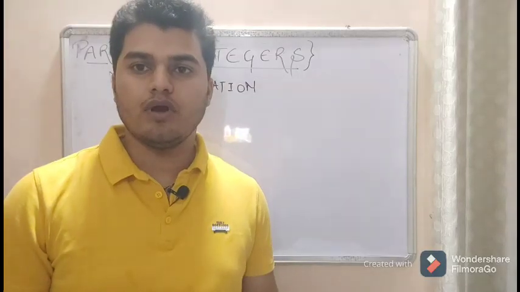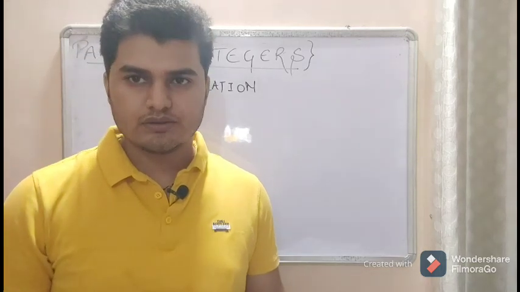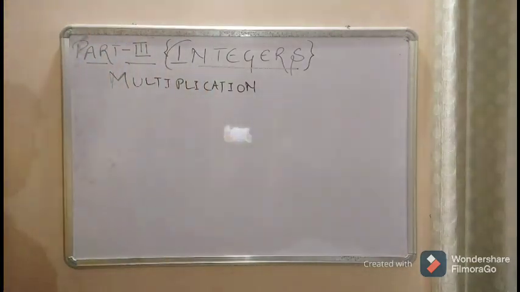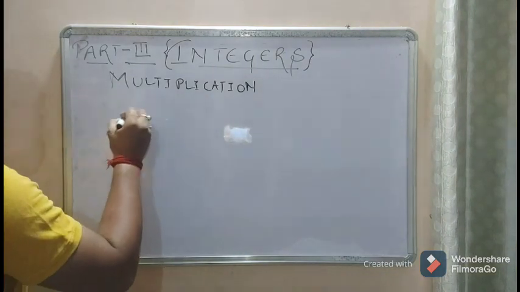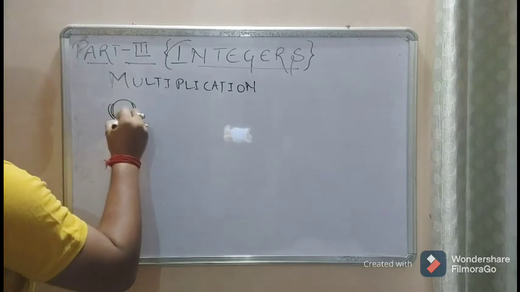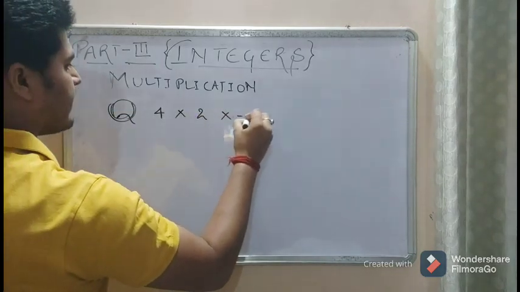Okay, so we got some basic ideas about the multiplication. So let us do some calculations. Let us take a question. 4 into 2 into -3.